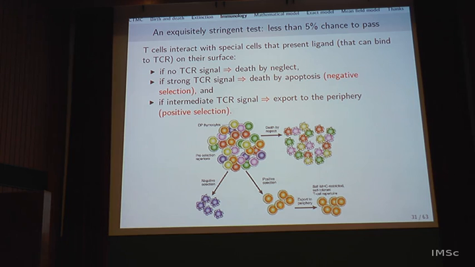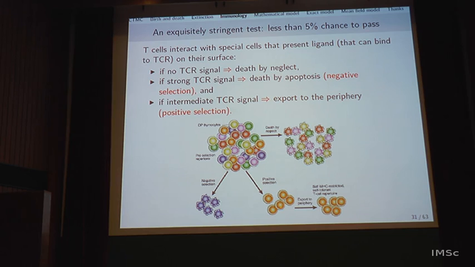And depending on the types of signals that you receive: if you, as a T cell, don't get a signal through your T cell receptor, you're not a good candidate to move to the periphery and survey, so you die by neglect. If you have a very strong signal, you may be a potential T cell that can lead to autoimmunity, recognizing household proteins far too well, and you die by apoptosis, referred to as negative selection.